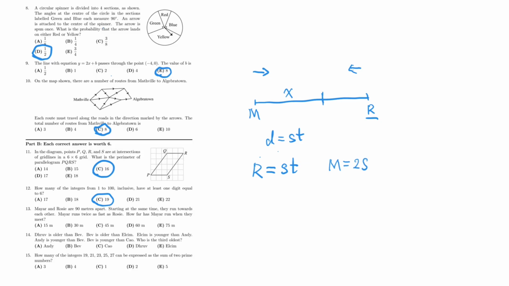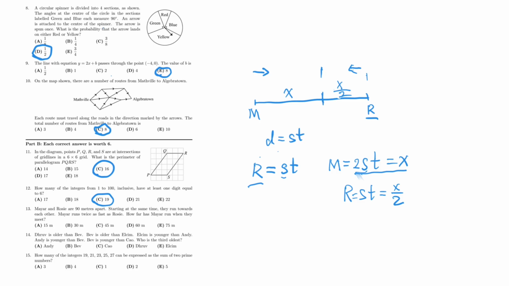So Rosie's speed is s, Maya will be 2s times the time. That's equal to x. 2st equals x, so st equals x over 2. St, that's Rosie's distance, so Rosie runs x over 2.